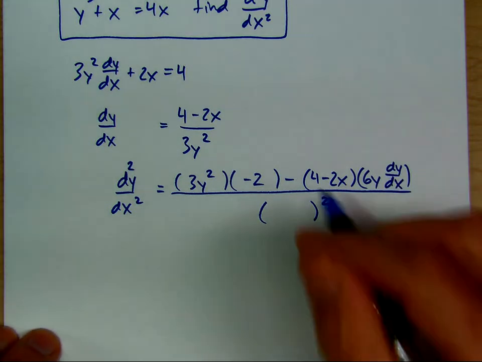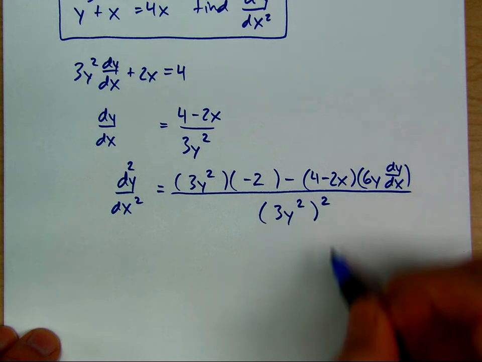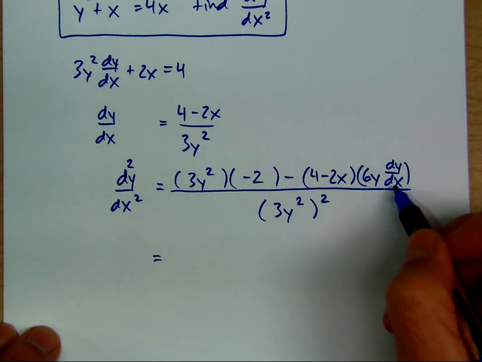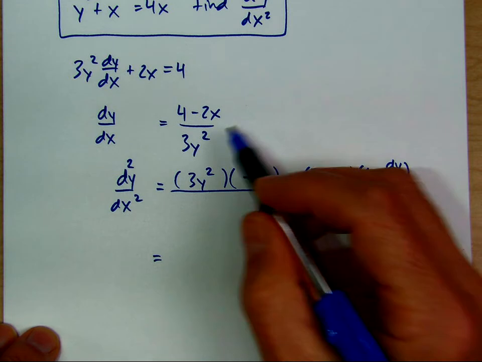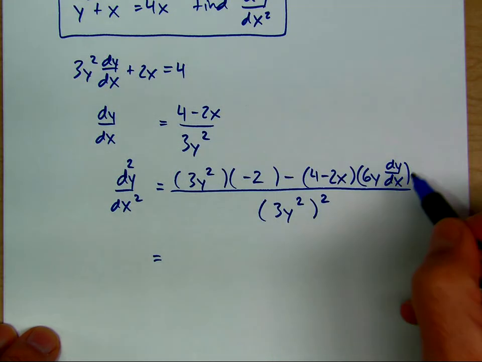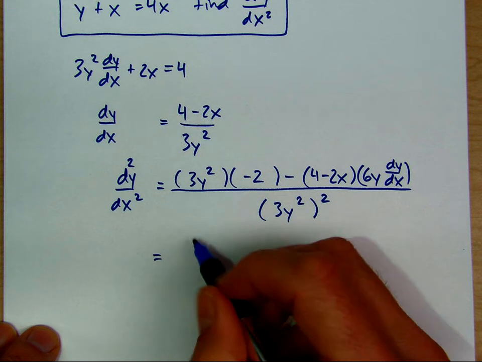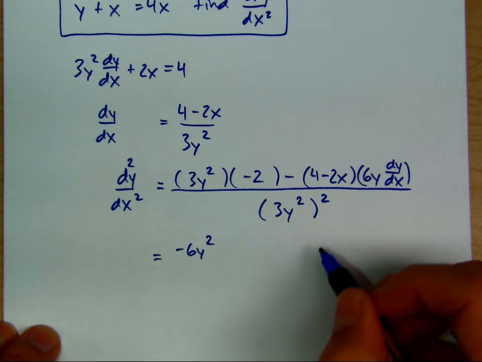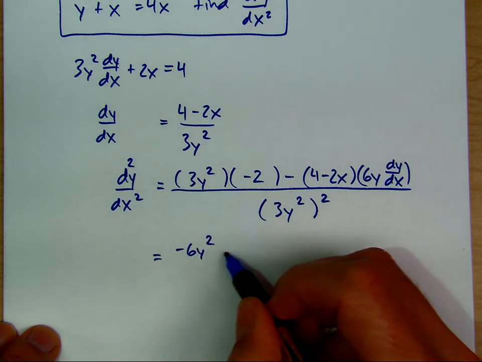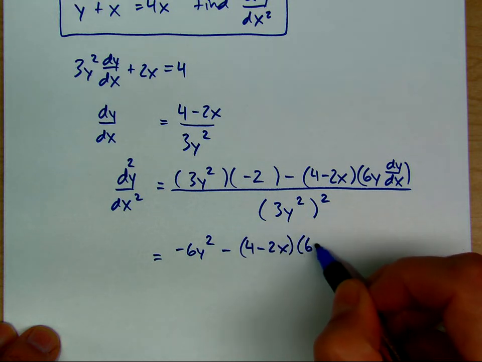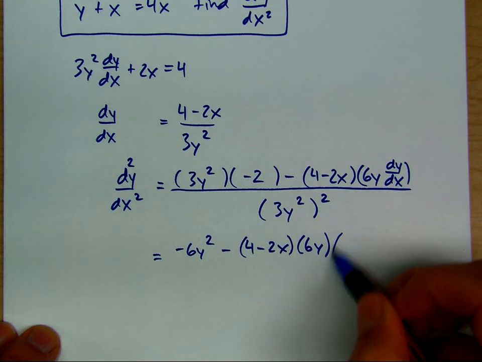And the denominator squared. Then we don't want this dy/dx there, so we'll substitute this right here. We can simplify. We get negative 6y squared. And over here we can have, and then dy/dx.